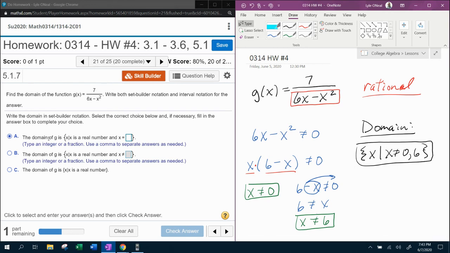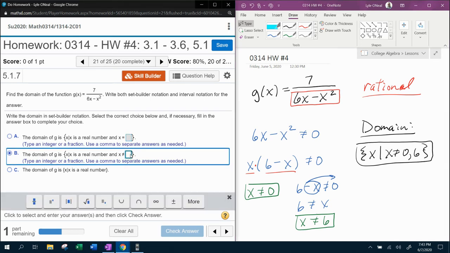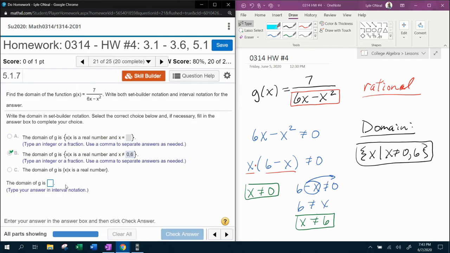And if I come over here to the answer choices, the domain is the set of all x such that x is a real number and x is equal to, nope, it's got to be x is not equal to, so that's going to be B. x is not equal to what? 0, comma 6. 0 and 6. There we go.